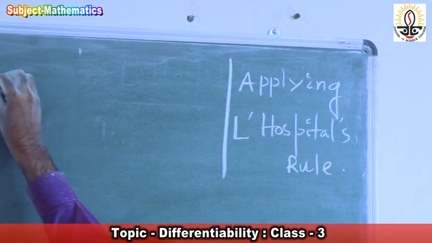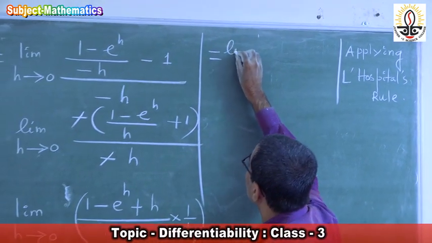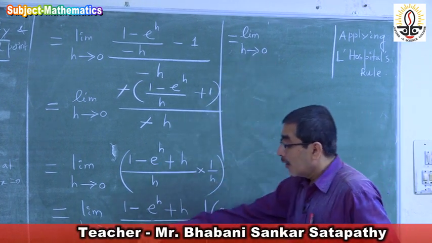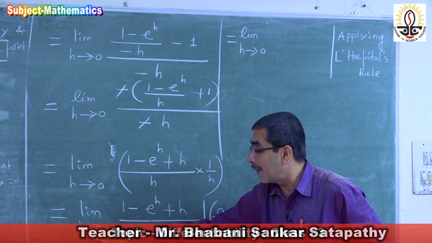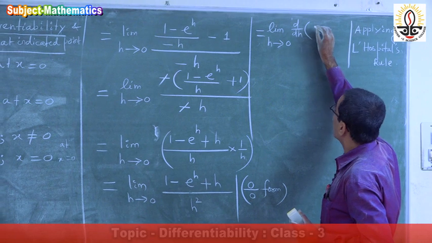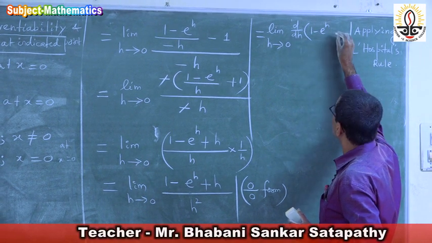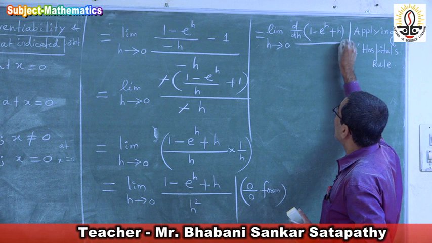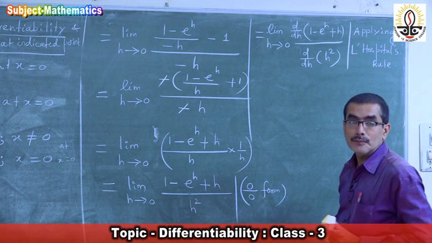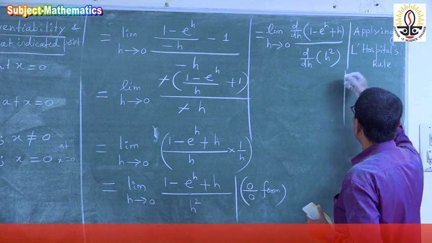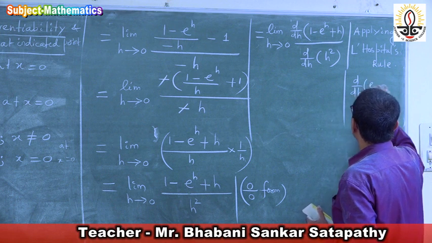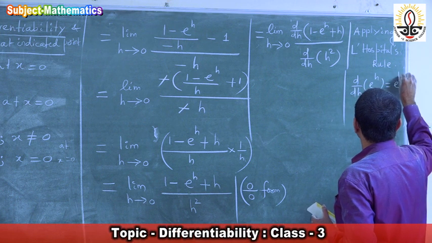So applying L'Hopital's rule, what will we get? This is equal to limit h tends to 0. Here the independent variable is h. So d by dh of 1 minus e to the power h plus h, divided by d by dh of h square. The derivative of e to the power h is equal to e to the power h.